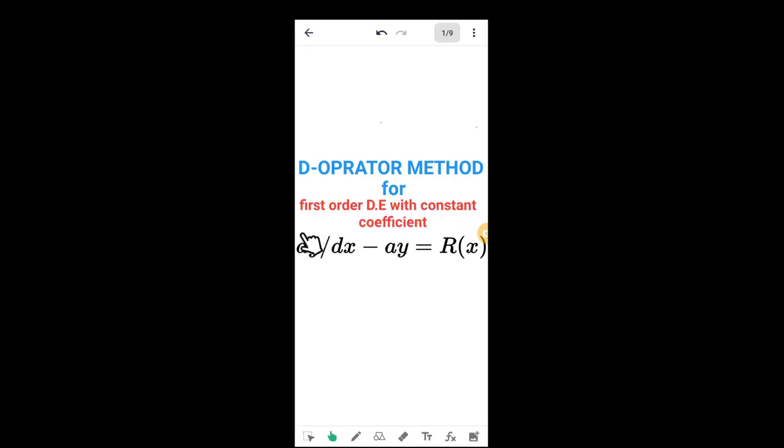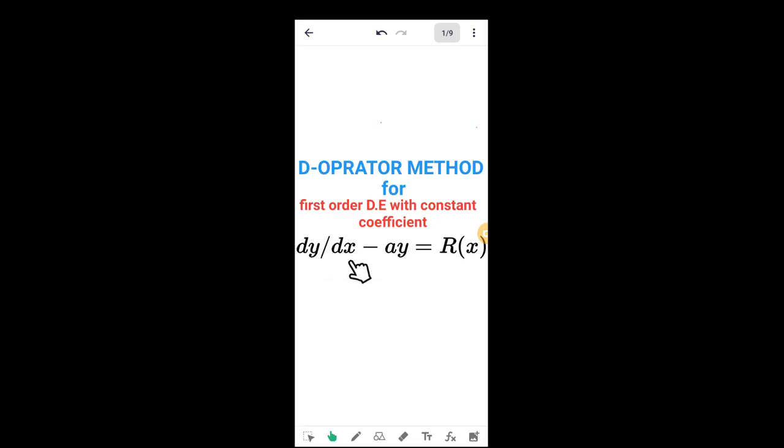So always this is the form for a first order differential equation with constant coefficient. It is a linear form. dy dx minus a constant a y equals r of x.